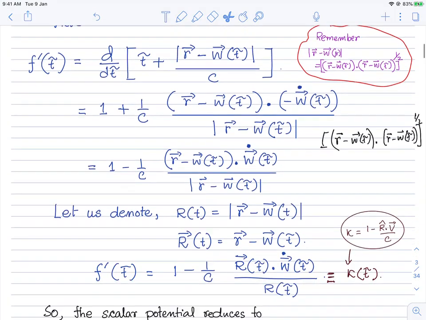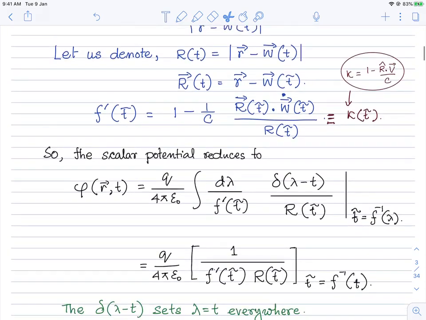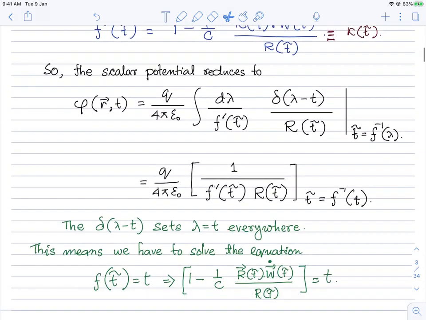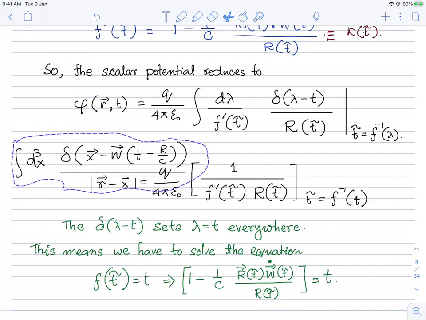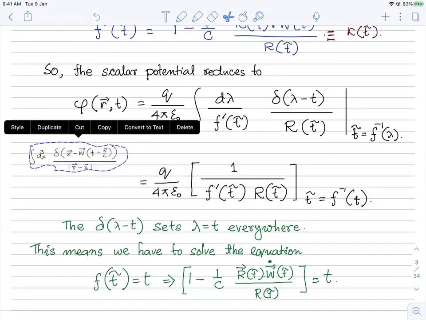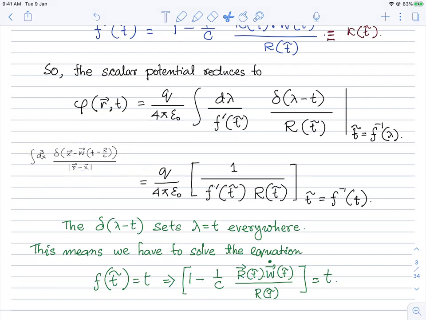Let me write this integral once more here, and I will convert this into an algorithm. Okay, so let's say we had to perform this integral here. And when we performed the delta function integral, we essentially got what we get here.